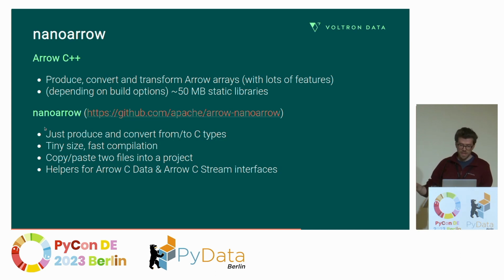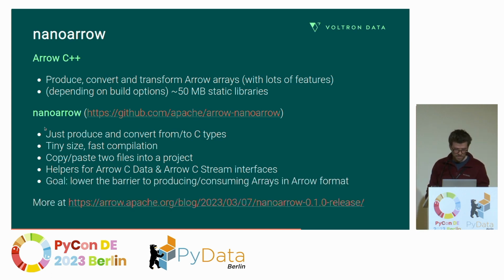So it's a small C library that you can vendor, so that you don't necessarily have to have the Arrow C++ library, which is a very large library, lots of features, so that you don't necessarily have to use that big library as a compile time dependency, but just can vendor NanoArrow. And so, with the goal of making it easier to consume and produce data in this format.